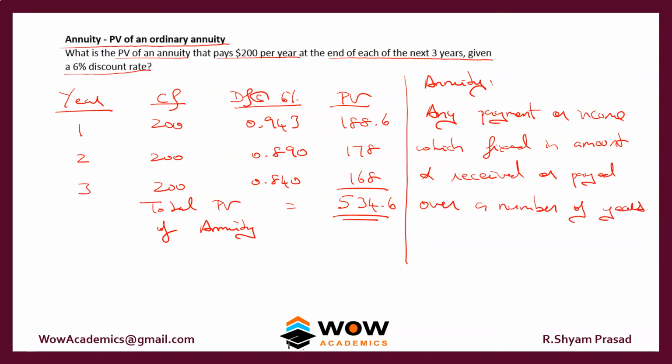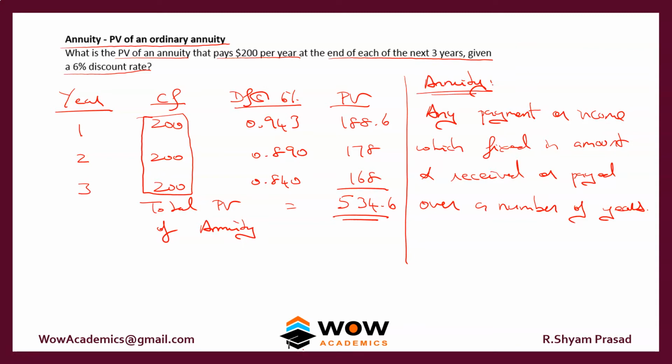Very simply, if you're going to receive or pay a fixed amount of money, 200, 200, 200, the number doesn't change, every year it is 200. In that case, it is called an annuity rather than a cash flow.